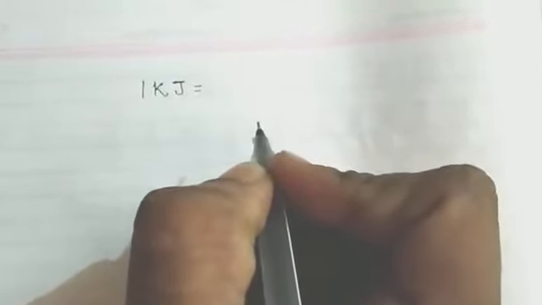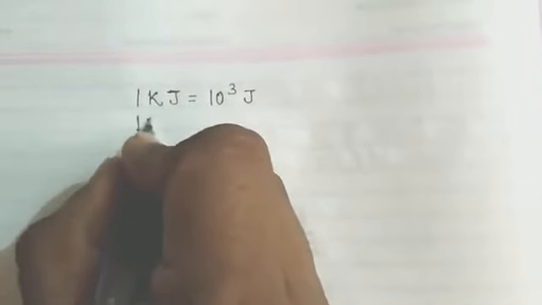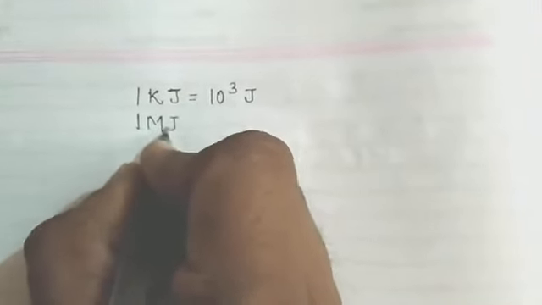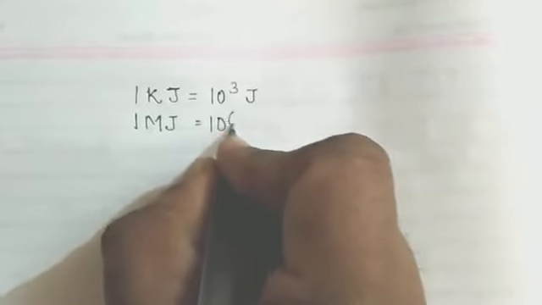Now we are going to discuss these units. 1 kilojoule is equal to 10 to the power 3 joule, as we know that kilo means 10 to the power 3, that is 1000 joule, whereas 1 megajoule can be given by 10 to the power 6 joule.